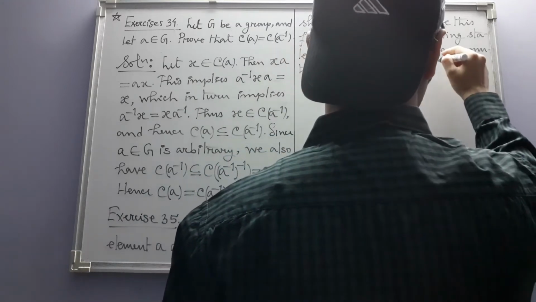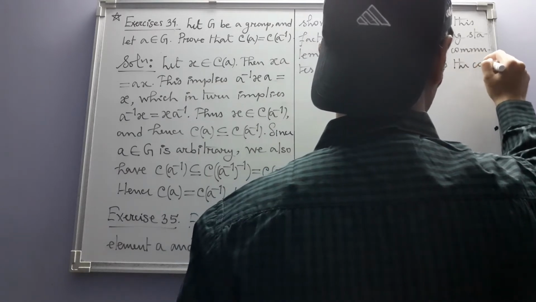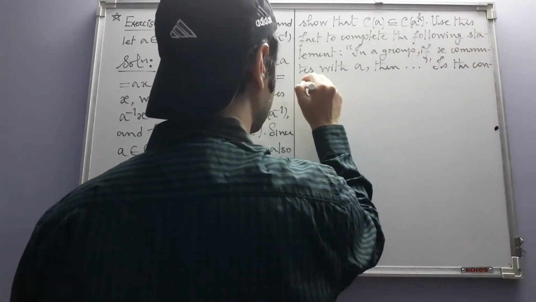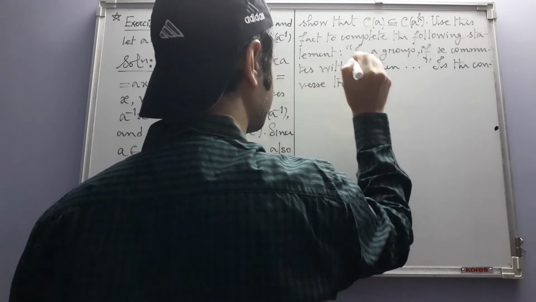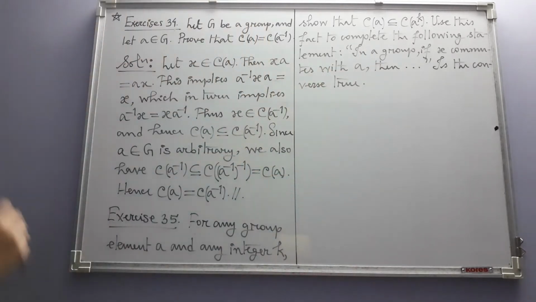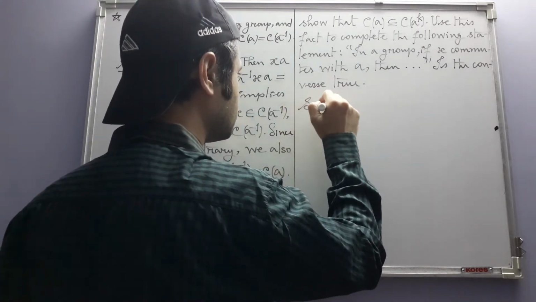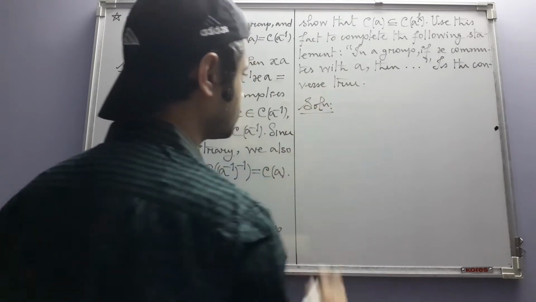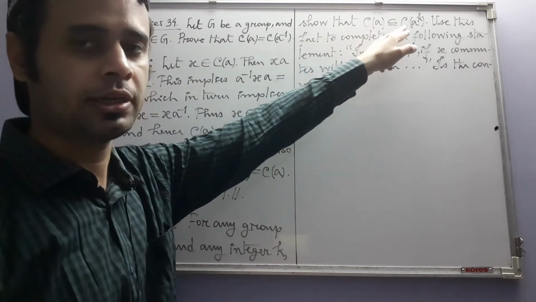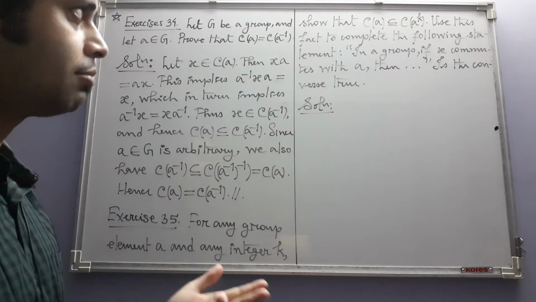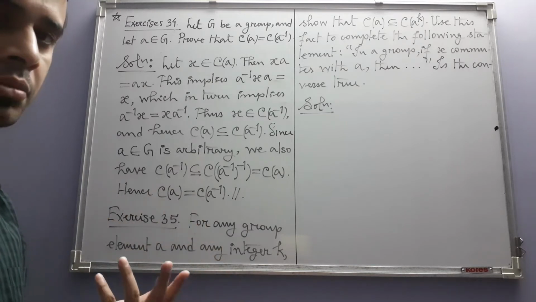Is the converse true? Okay. So unlike the previous one, here we just have to show that this is a subset of this. However, k is any integer, so keep in mind that k can be negative also.